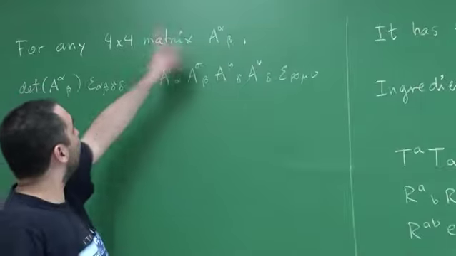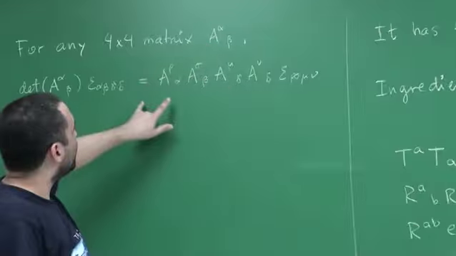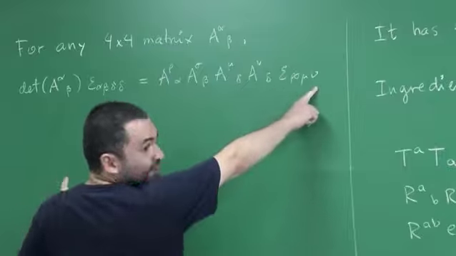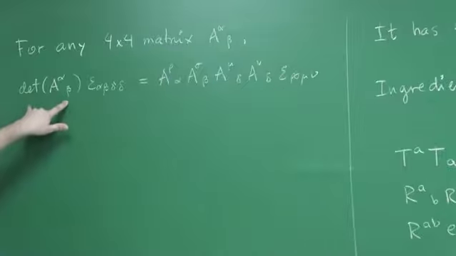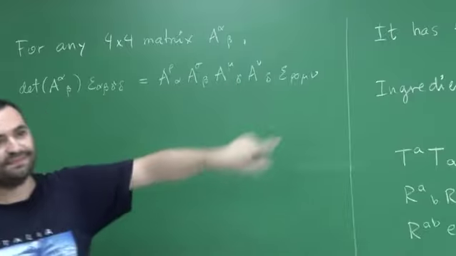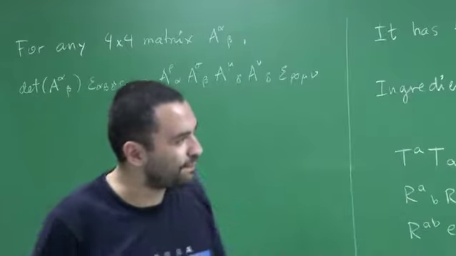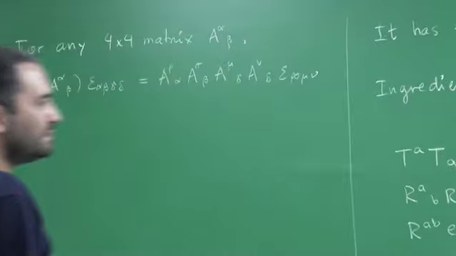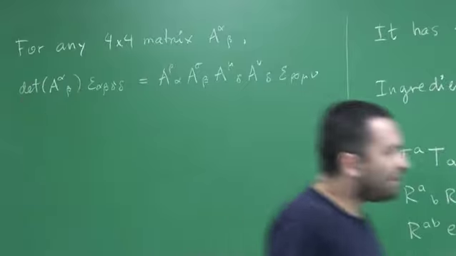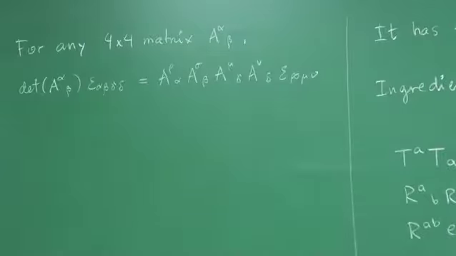You have a 4 times 4 matrix, and you contract all the upper indices with an epsilon tensor, you get the determinant times the epsilon in the lower indices. So this is what I'm doing here. And when you have 2 epsilons multiplied together, this is called a generalized Kronecker delta.